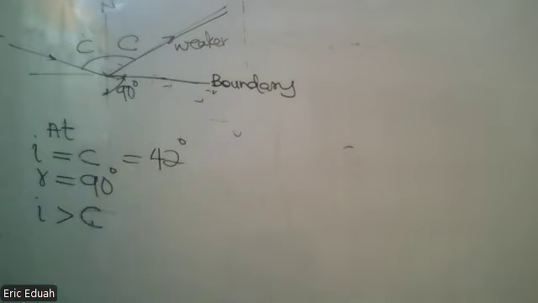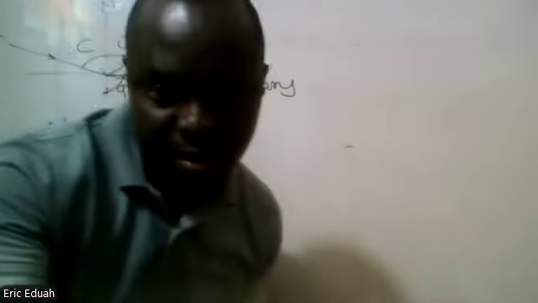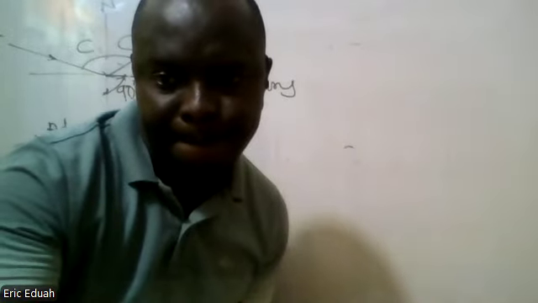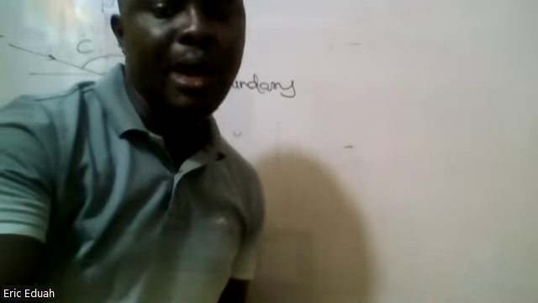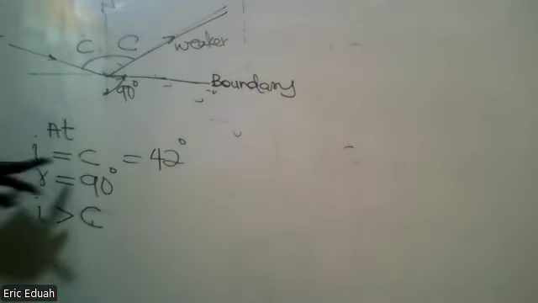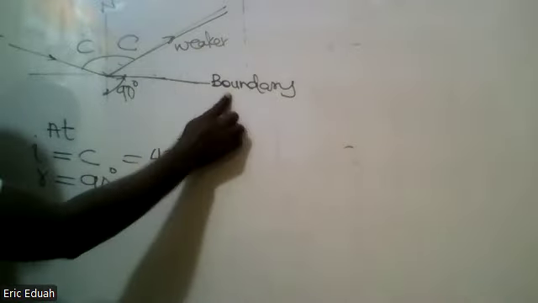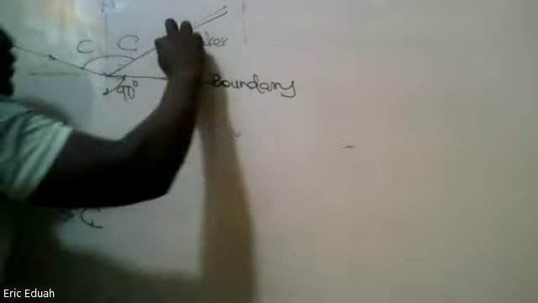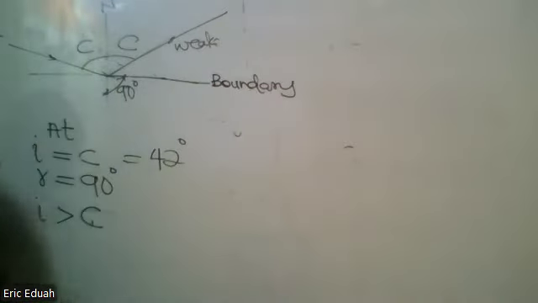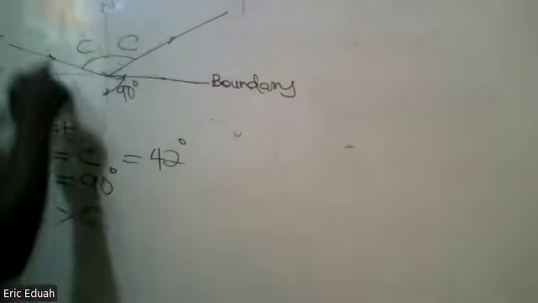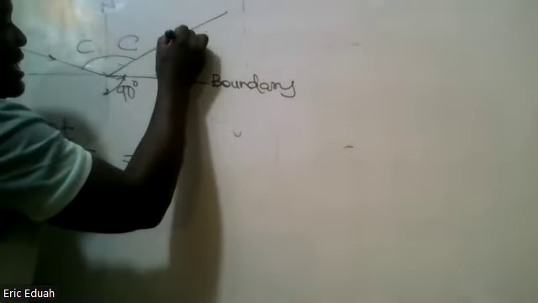So when I is greater than C, every refracted ray passes to the reflected, and this time around we only have the incident and the reflected ray.